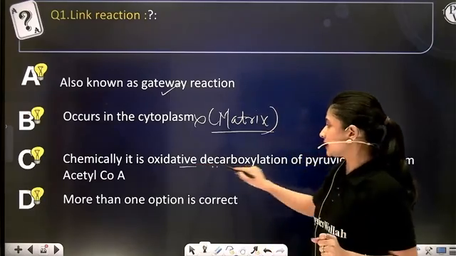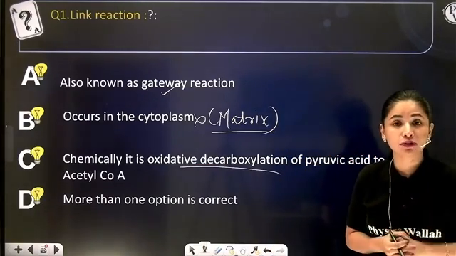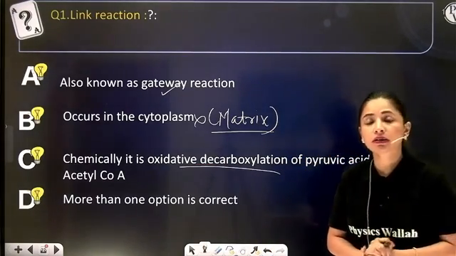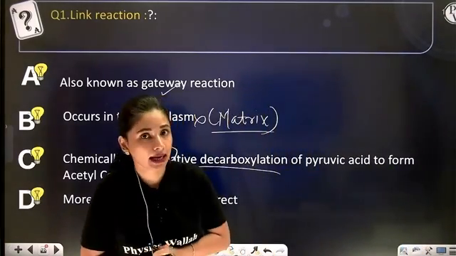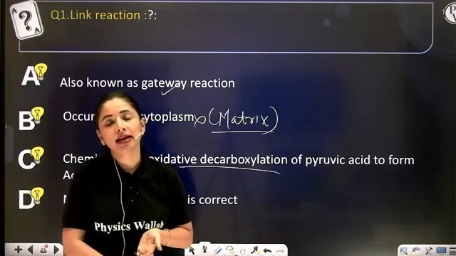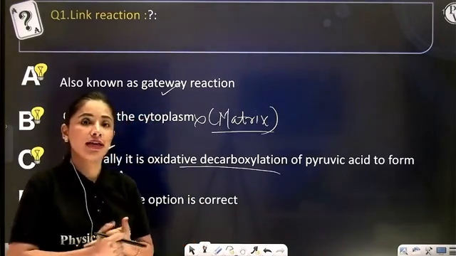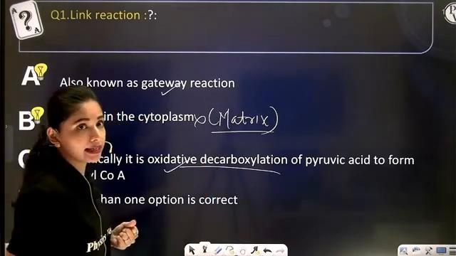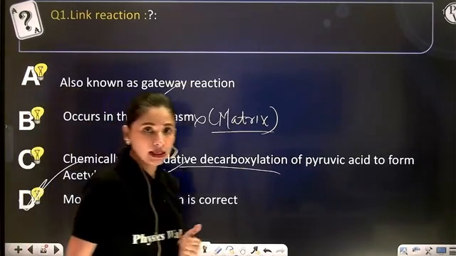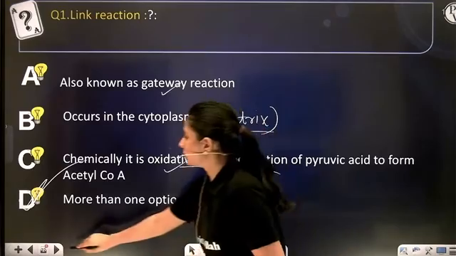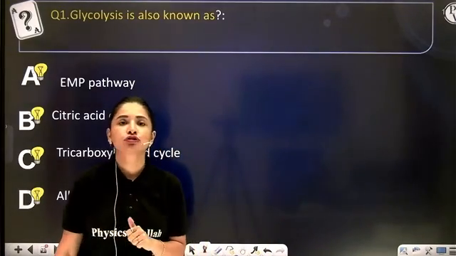Chemically it is oxidative decarboxylation. Yes, pyruvic acid undergoes oxidative decarboxylation to produce acetyl coenzyme A in the presence of the enzyme pyruvate dehydrogenase. So this statement is also right. Hence the answer of this question will become D. That is, more than one statement is true.